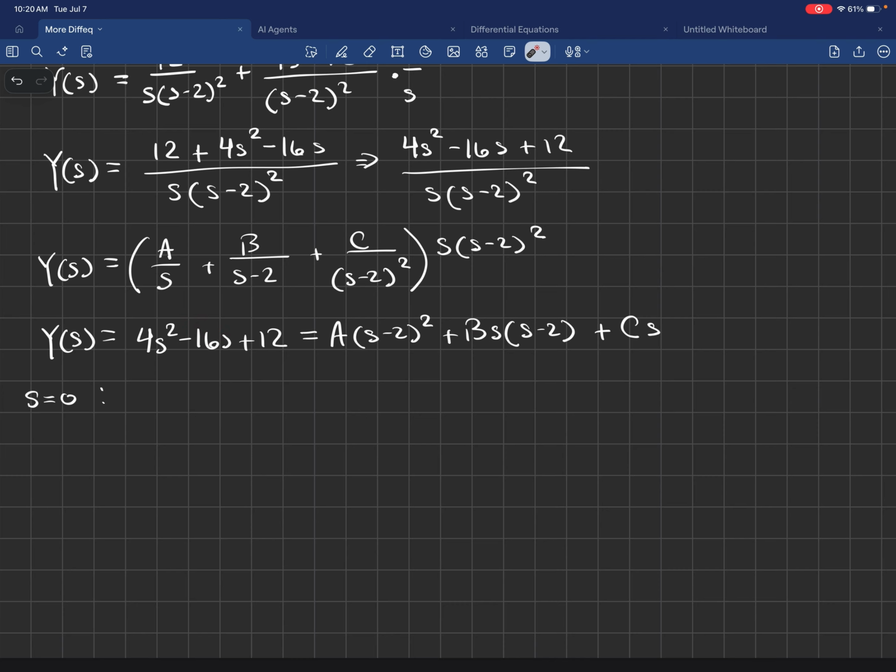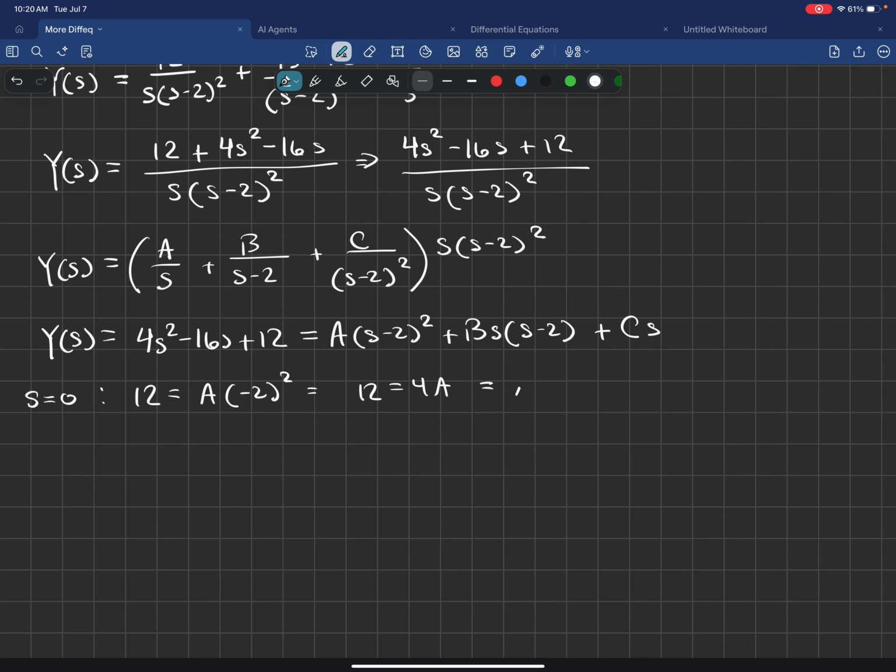We're also going to have this term, and this term drops to 0. So all we're left with is 12 equals 2 squared, which is the same as 12 equals 4a, a equals 3.